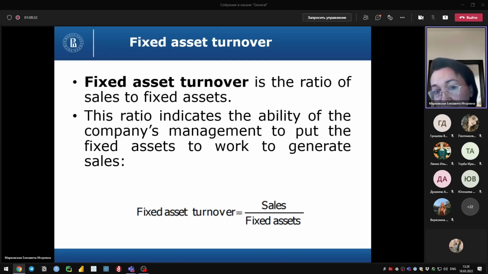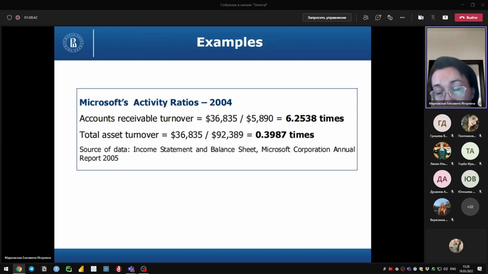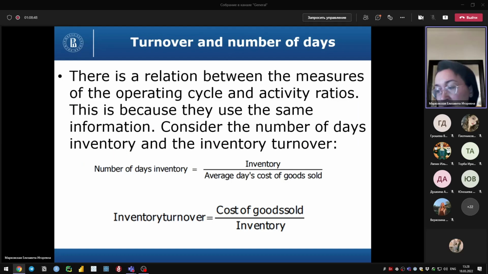So we analyze the ability of the company's management to put the fixed assets to work to generate sales. And now let's try to understand what's going on with these activity ratios, liquidity ratios, turnover ratios in our company Time Warner.